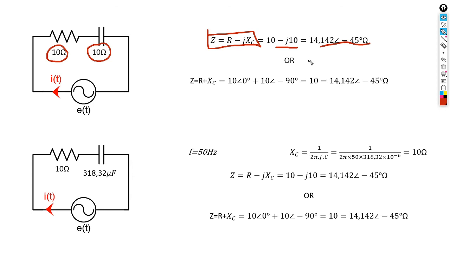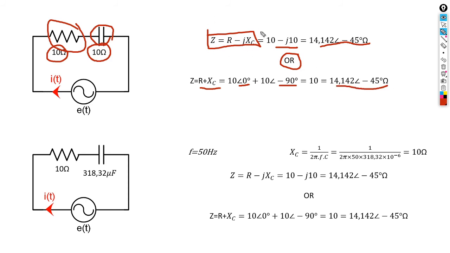Another way to calculate it, remember you are in series. In series, the two components add to each other, so it's going to be R plus X. Basically when you're doing it in this form, it's like you're doing pure components. A pure resistance is always at the angle of 0, and a pure capacitor is always at minus 90, and therefore your final answer will be the same.